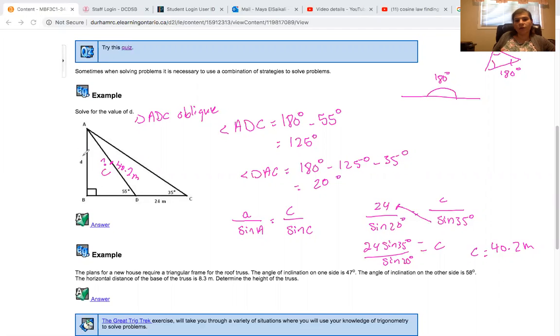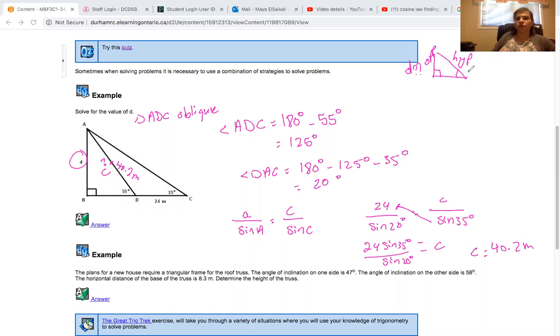Now, in order for me to solve for side D, I need to use triangle ABD. So to use triangle ABD, I can now use SOHCAHTOA because it's a right angle triangle. So in triangle ABD, this is the known angle, 55. This is the hypotenuse, this is the opposite. I'm looking for the opposite.